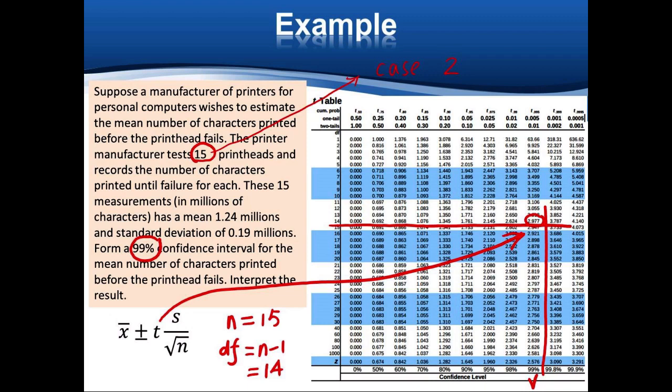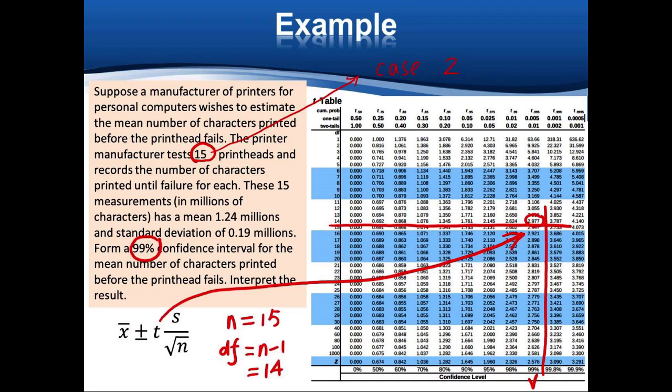result. We notice that the sample size here is 15, which we consider case 2, the small sample mean problem. The degrees of freedom for the t-table will be n minus 1. n is 15, so 15 minus 1 equals 14.